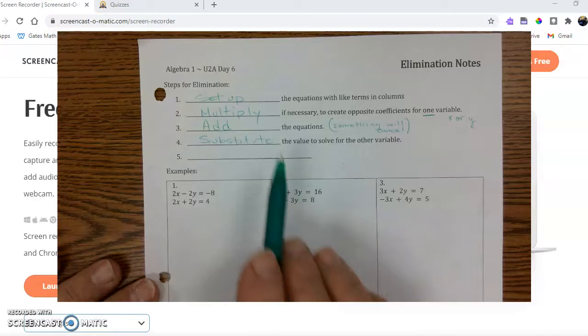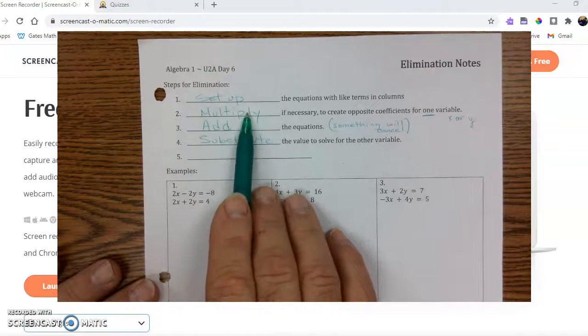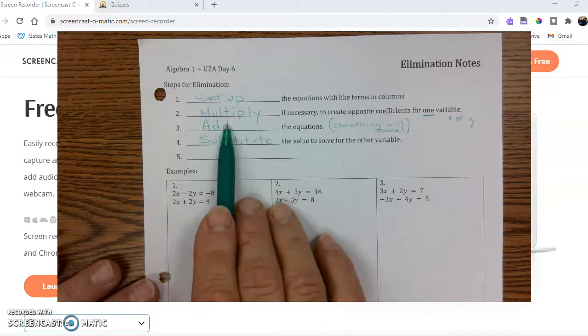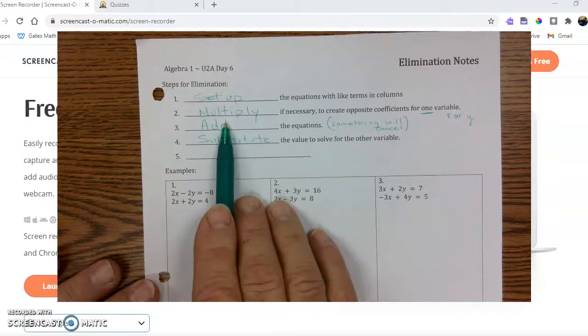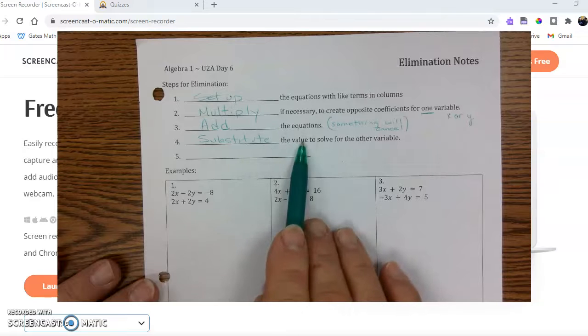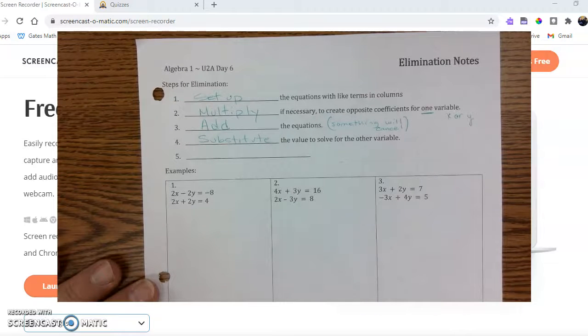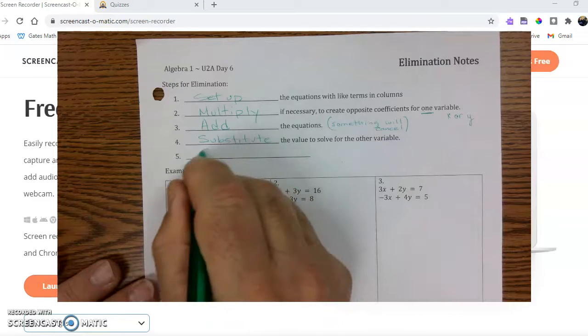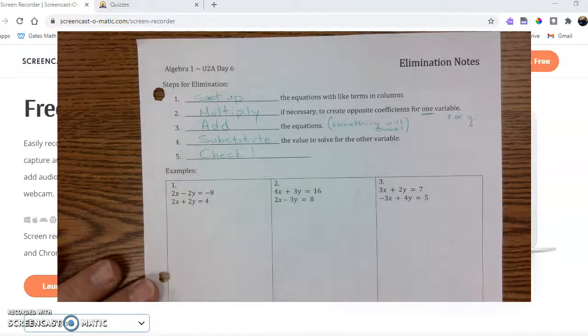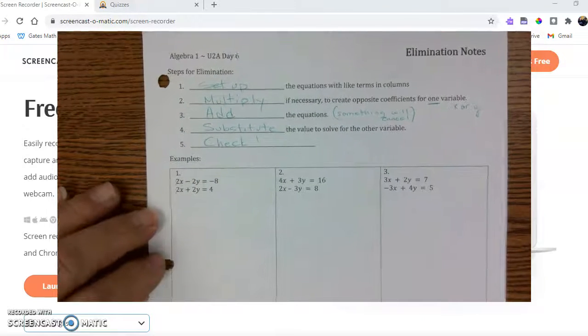So again, we multiply to get opposite coefficients for either x or y. We add the equations, and the new equation we get has only one variable in it, and we solve for that variable, and then we substitute that value back into one of the other equations. And if you need to, check your solution if you want to make sure you got it right.